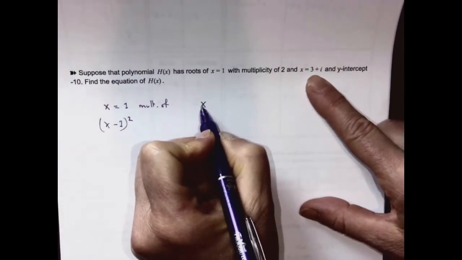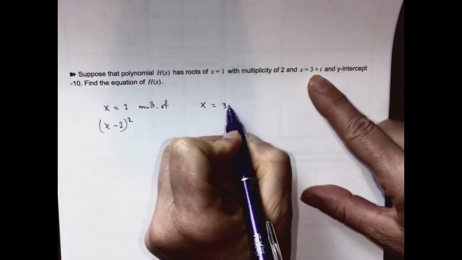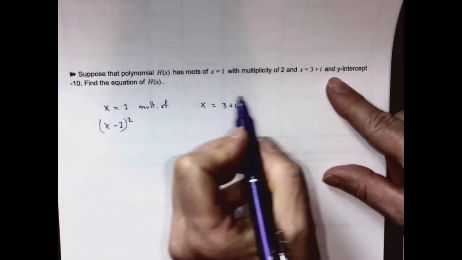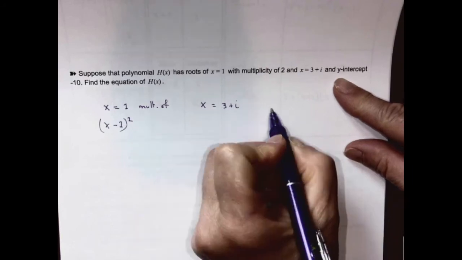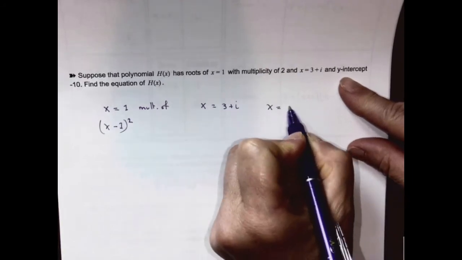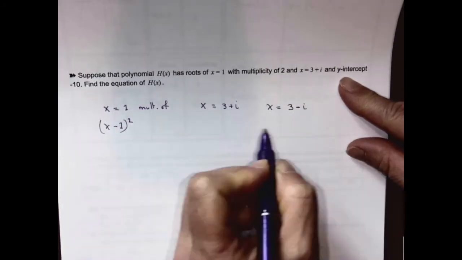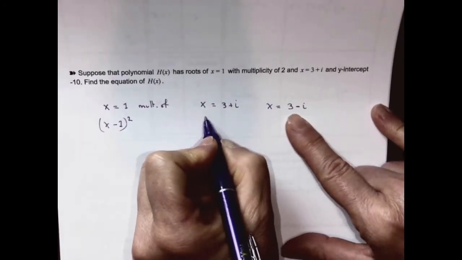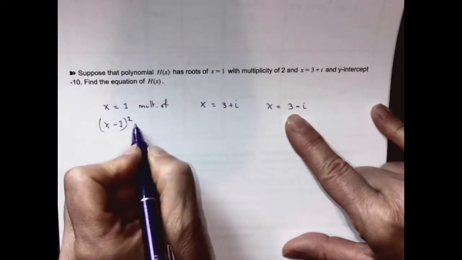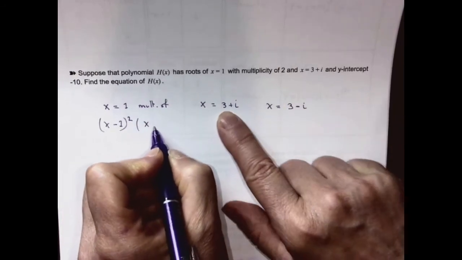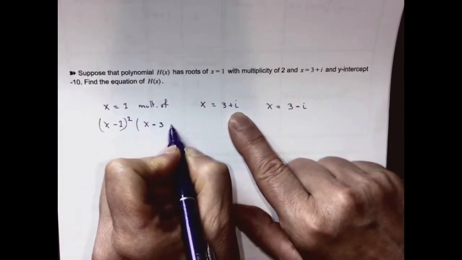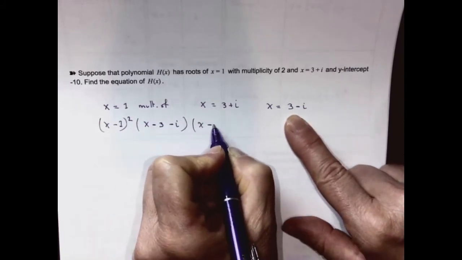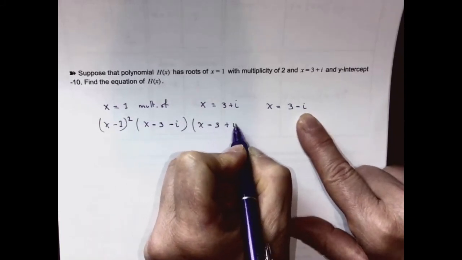And then we're told that x equals 3 plus i is also a root, but then we know because of the conjugate root theorem that we need to have the conjugate of that also, because that's a complex root and they come in pairs. So now I'm going to say, okay, then I'm going to have x minus 3 minus i and x minus 3 plus i.